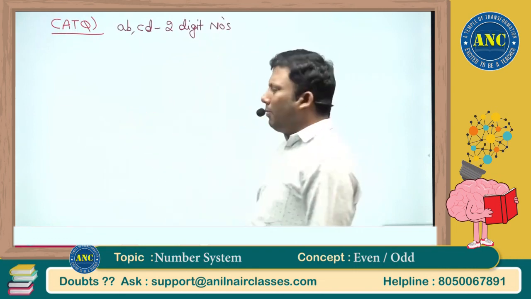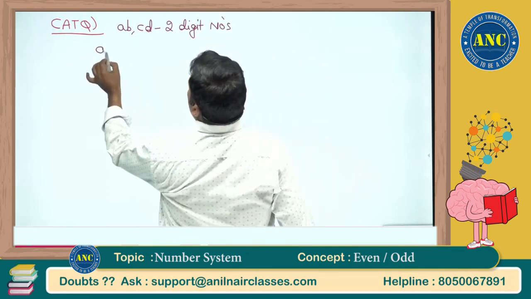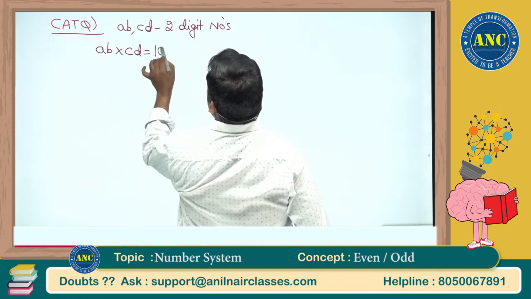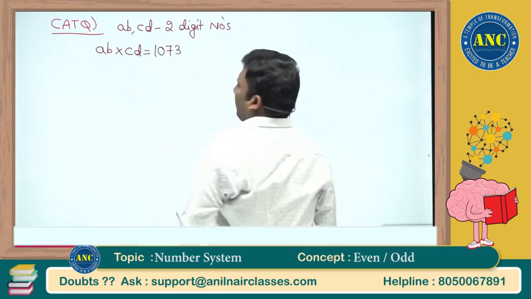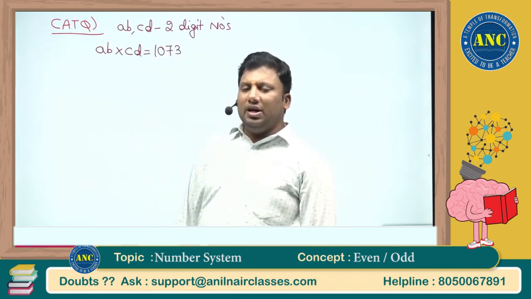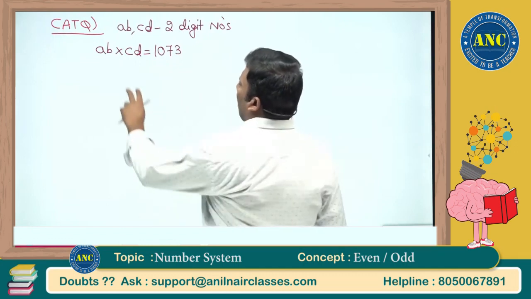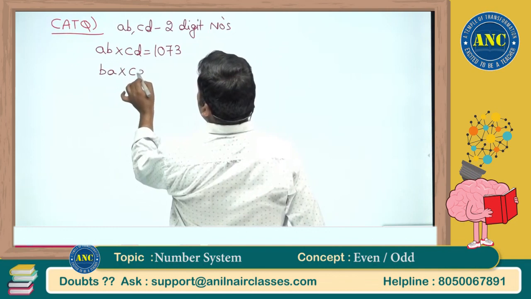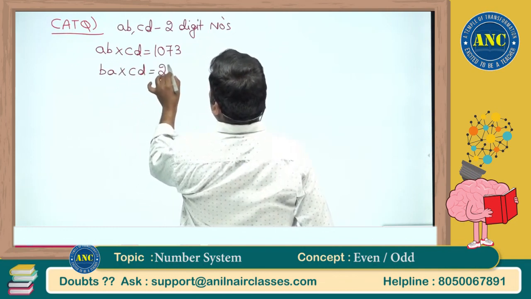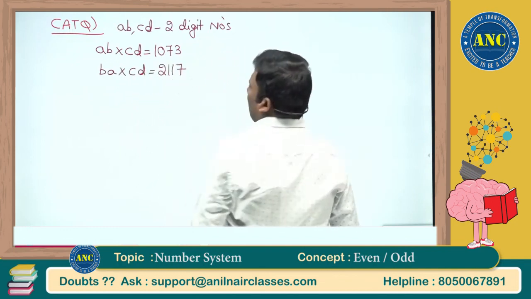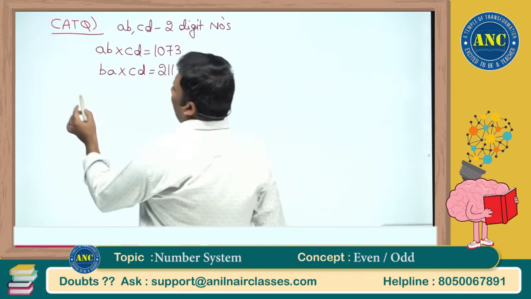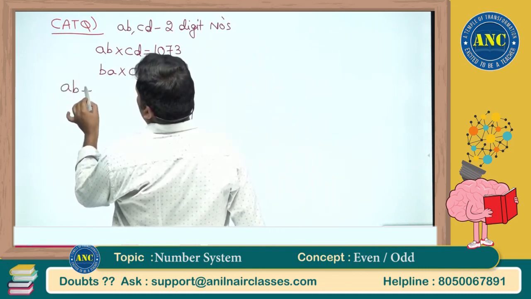These numbers are multiplied: AB into CD is 1073. I interchanged the digits of AB: BA into CD is 2117. Find AB plus CD.